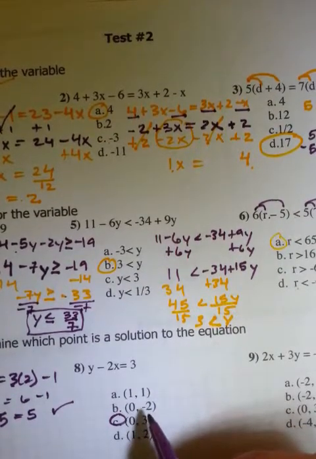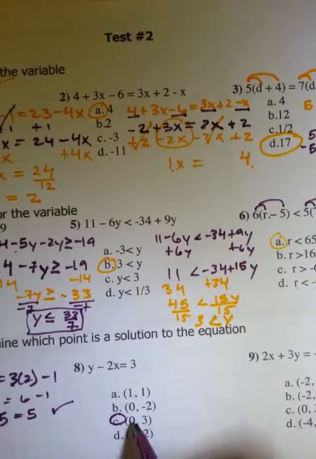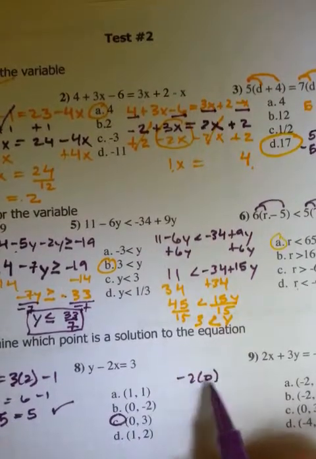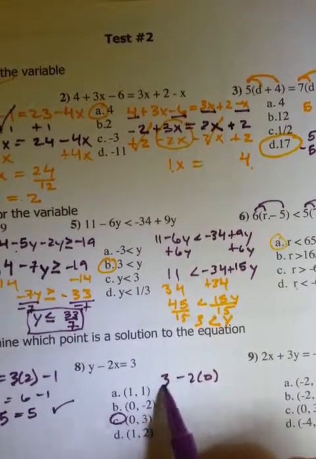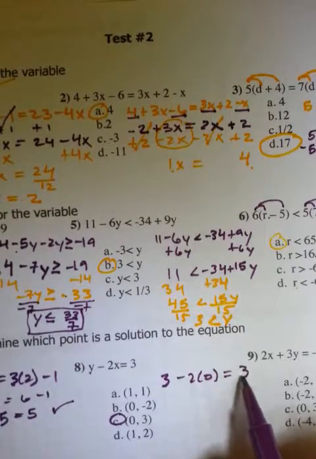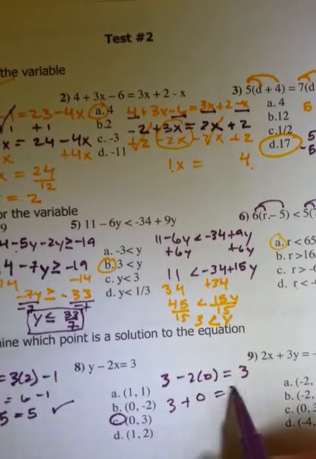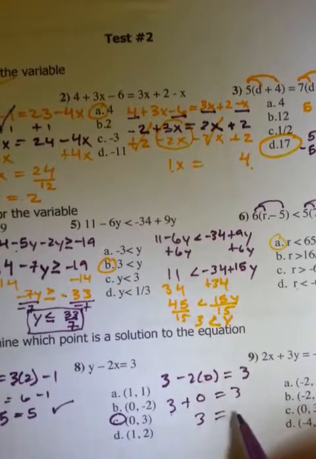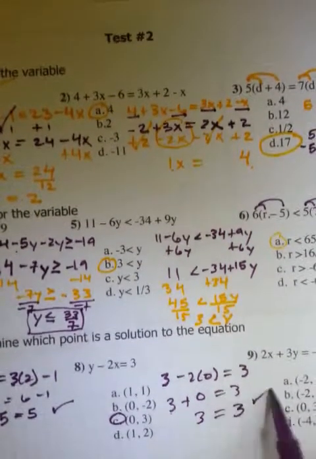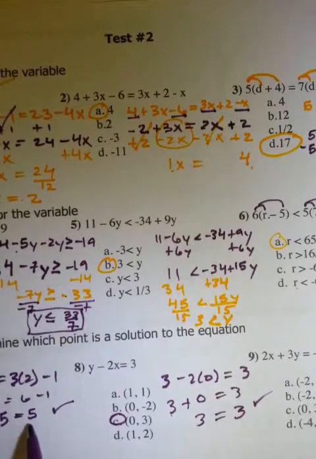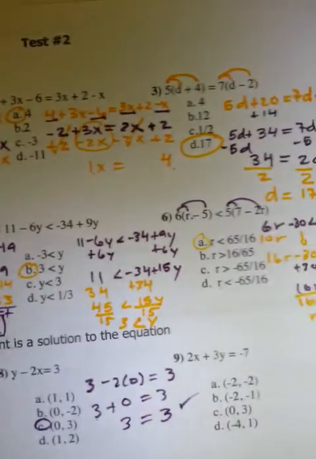If it's true, then I should get a true statement. My x value is 0, so I'm going to go ahead and plug in for x 0. My y is 3, so I'm going to go ahead and plug that in. And it's all supposed to equal 3. Negative 2 times 0 is just 0. And 3 plus 0 is just 3. Therefore, I get a true statement similar to number 7. So that's why that answer is that.